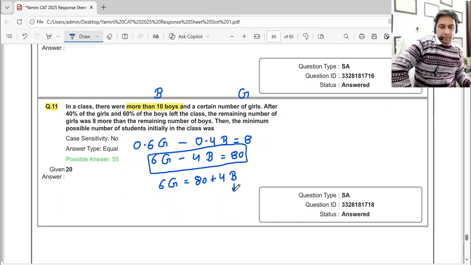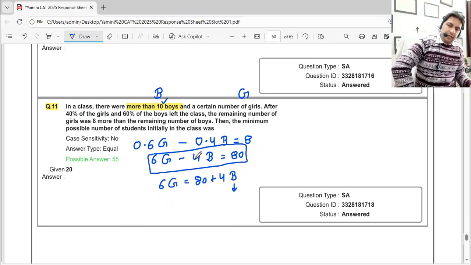So if B is more than 10, I'll not put 11, 12, 13, etc. I'll straight away go with the multiples, because I know that B and G both have to be whole numbers.